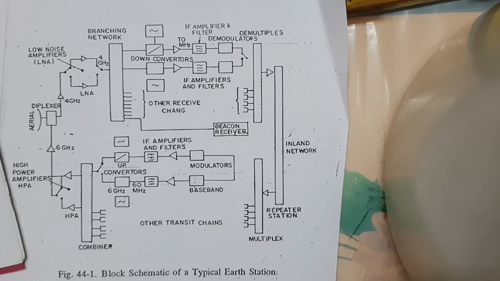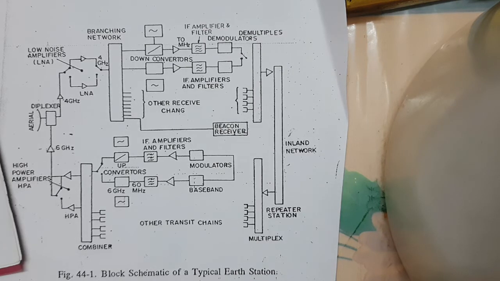It is identical to a multi-channel microwave repeater. The satellite revolves around the earth at an altitude of 36,000 km over the equator and moves at the same angular velocity as that of the earth. In other words, the satellite is stationary with respect to earth and is therefore said to be geostationary.